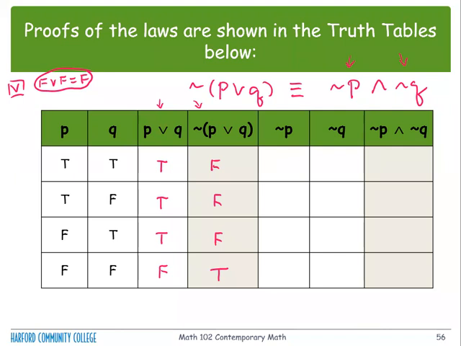Next, we construct more columns for the right compound statement. Not P is the negation of P, the opposite truth value to P: false, false, true, true. Opposite to the statement Q: false, true, false, true.